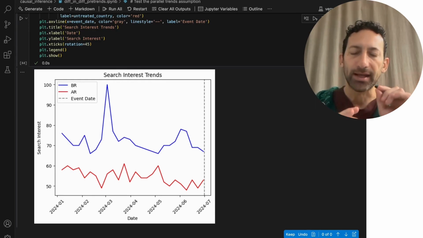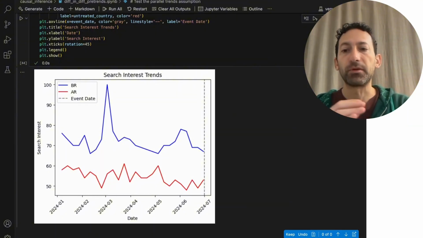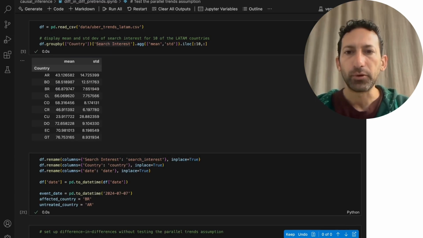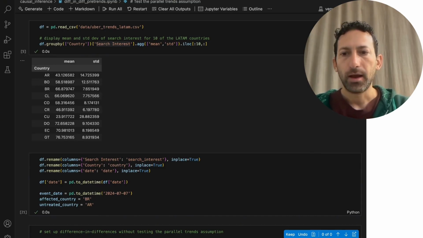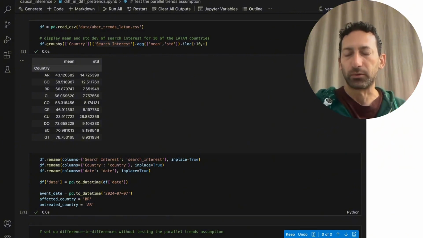Now, we can't test this explicitly, but we can get a really good sense of whether or not they had parallel trends before the event happened. So in this data set, I pulled Google Trends search results for the keyword Uber across all these different countries in Latin America. Let's assume Brazil was the treated group.